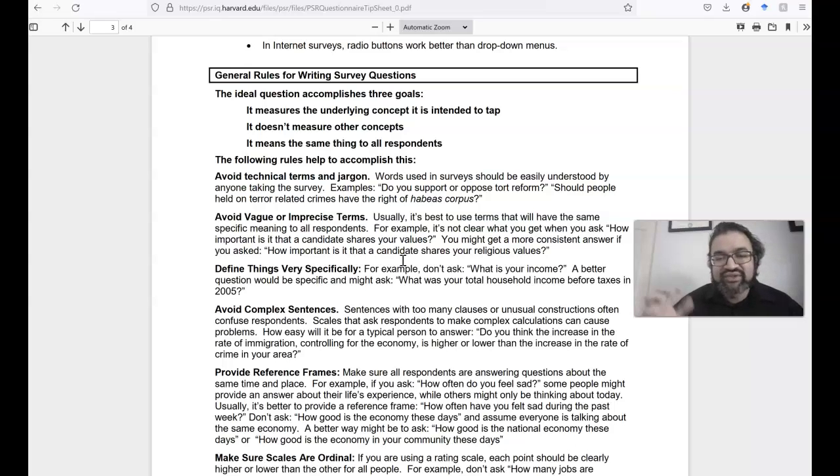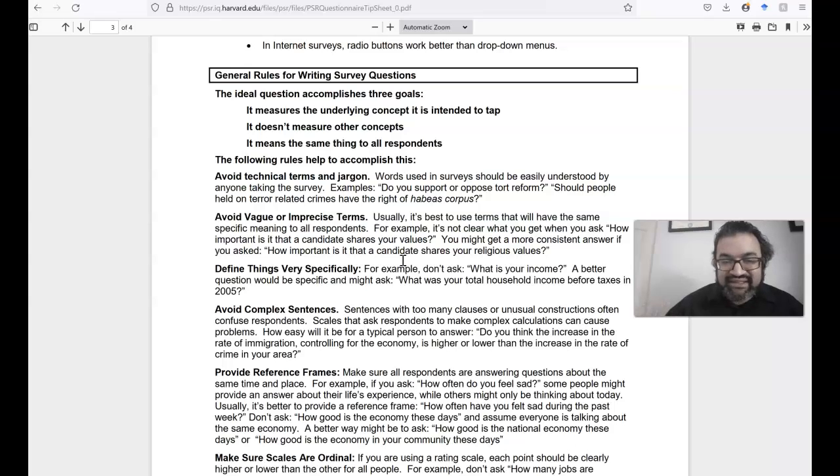See, so qualifiers are important where appropriate. So define things very specifically. Income means many different things to many different people. So you want to qualify that by total household income before taxes even.